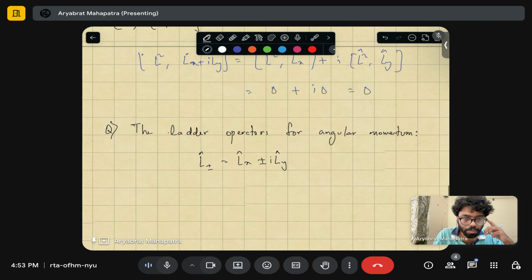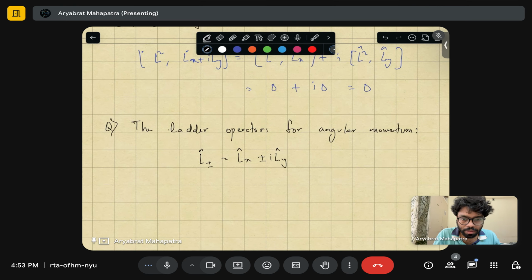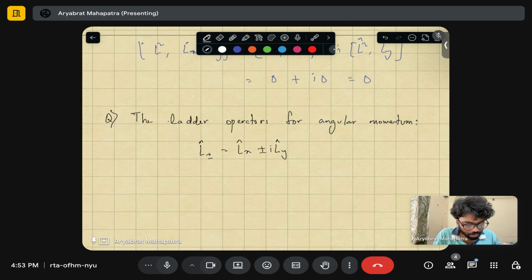If there's any problem or anything, please ask. This angular momentum ladder operator is defined this way, as we also saw in the previous part. In Cartesian, this is how they are defined, and in spherical polar, this is how they are defined.